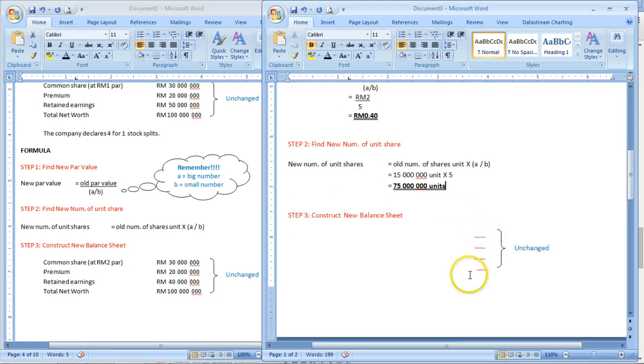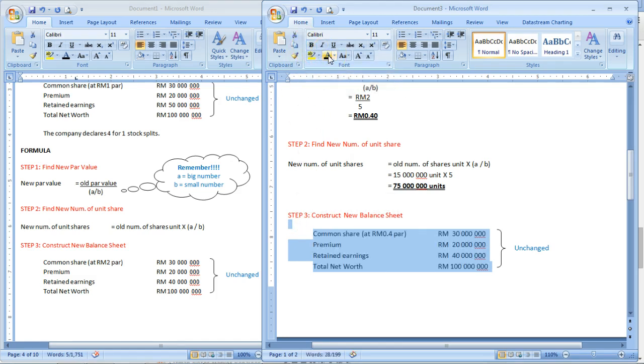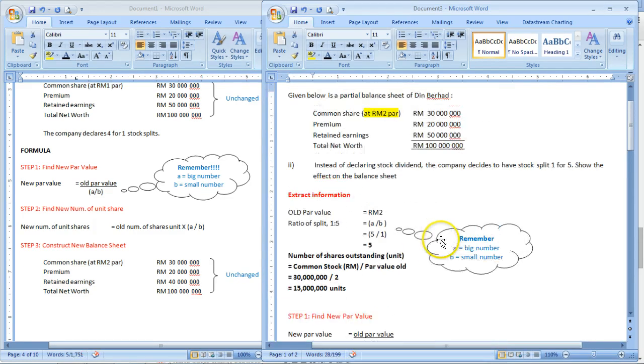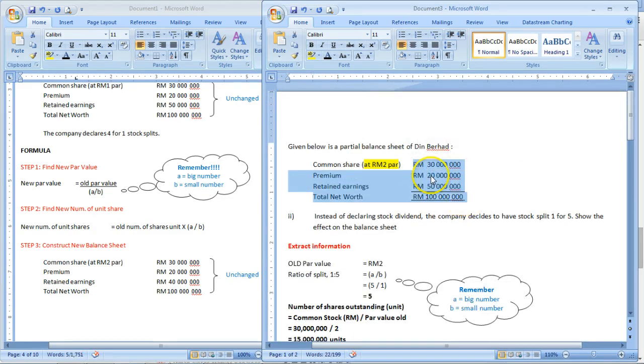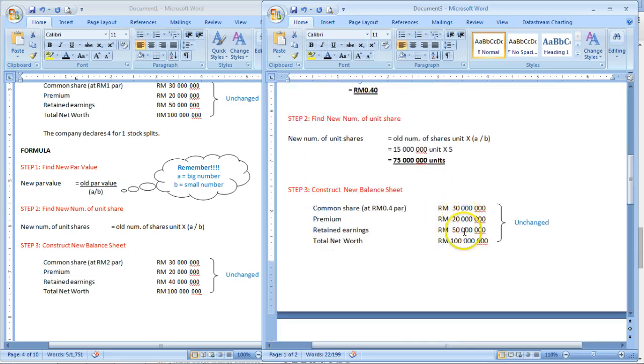Now we try to construct the new balance sheet, the effect of the stock split. You will realize all will maintain the same amount as in the question: 30, 20, 50 unchanged for stock split, but the par value is reduced. If you want to test, you can use 0.4 par times the number of shares you have now, 75 million.